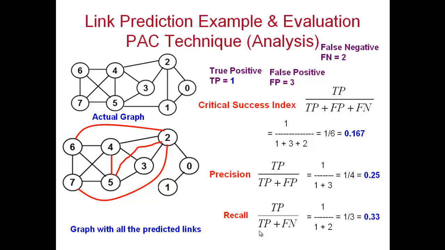So the denominator for the recall is the links that actually exist in the original graph and are expected to be predicted, that is true positives plus false negatives. One link was predicted rightly, but 2 of them were not predicted. So the numerator is 1, and 1 over 1 plus 2 is 0.33.